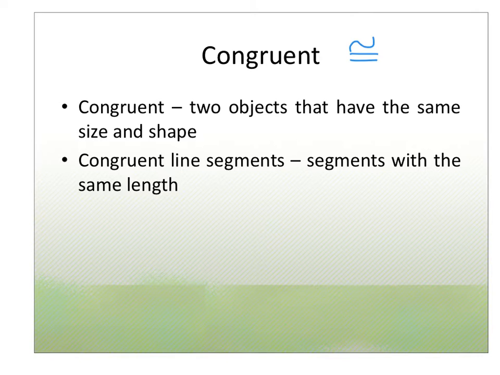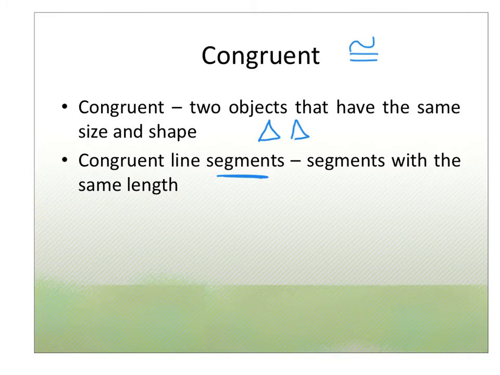Now, right now in this chapter, we're going to specifically talk about line segments that are going to be the same. So, for example, if I were to talk about objects, I could have 2 triangles, and they would be exactly the same size and shape.